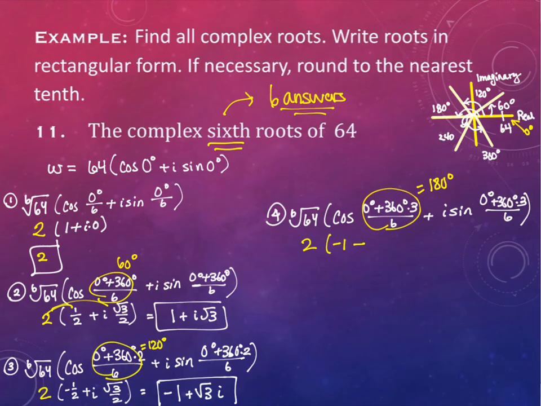It's negative 1. And what's the sine value? It's 0. So this is negative 2, all by its little lonesome self. And that makes sense. What is negative 2 to the 6th? It's 64. So even in the real number system, there should have been 2 solutions that we didn't think about when we were considering that.